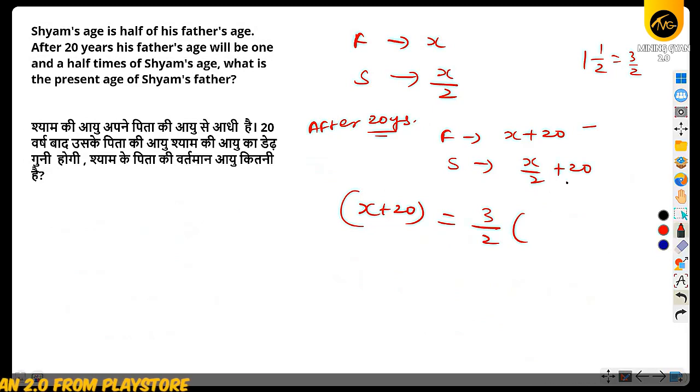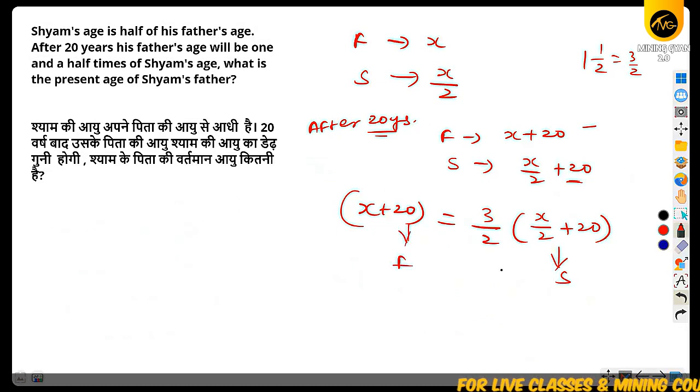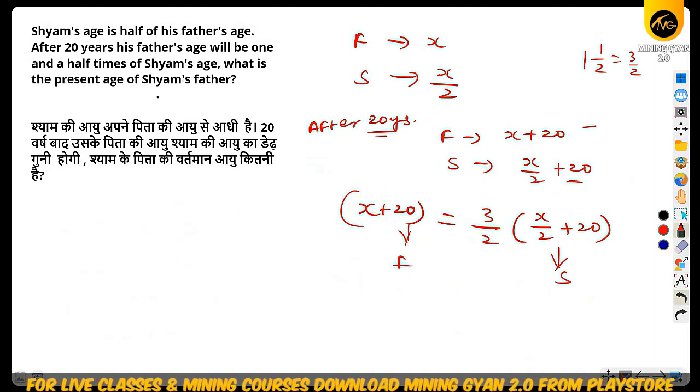So what is Syam's age? After 20 years, x divided by 2 plus 20 is Syam's age. This is father's age and this is son's age, or we can say the age of Syam. Now just solve the problem and you will get the value of x, because the question is what is the present age of Syam's father, and x is the variable related to the age of father.